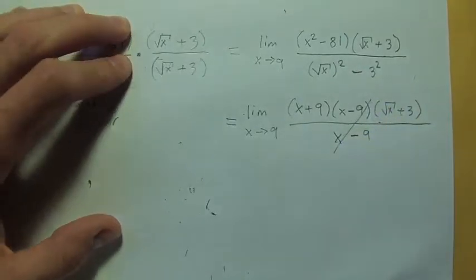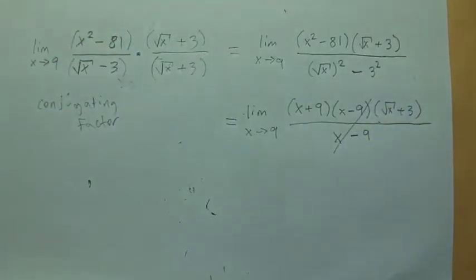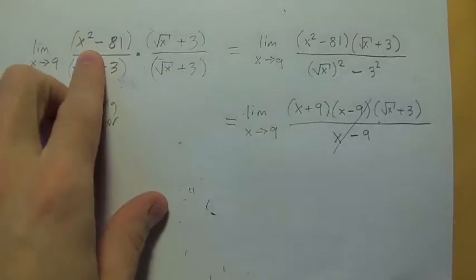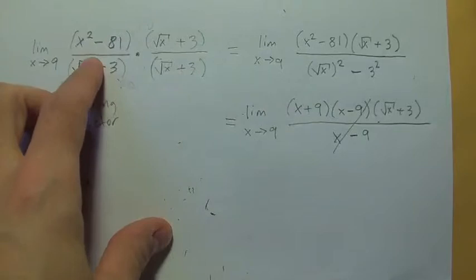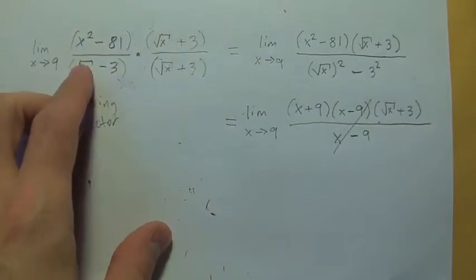And so that's why I factored that, because those x minus 9s will cancel. If you didn't factor, you'd get down to this step and not know what would cancel and what would help you out here. So remember, you can factor everything out. In fact, we might have wanted to do that at this step, since often simplifying the problem is one of the first things we want to do.